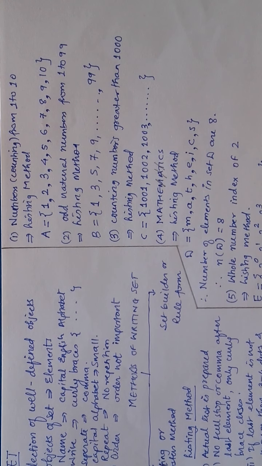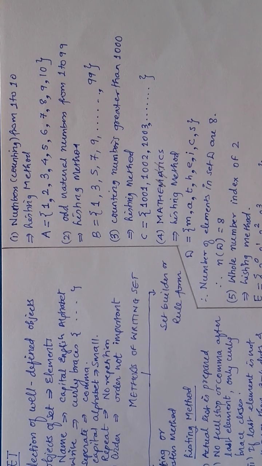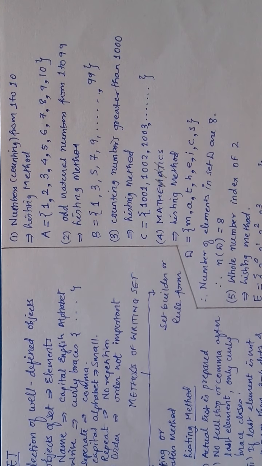In listing method, B is the set of 1, 3, 5, 7, 9, dots, 99, curly bracket close. Third, counting numbers greater than 1000. Greater than 1000 means 1000 will not be included. Getting it?